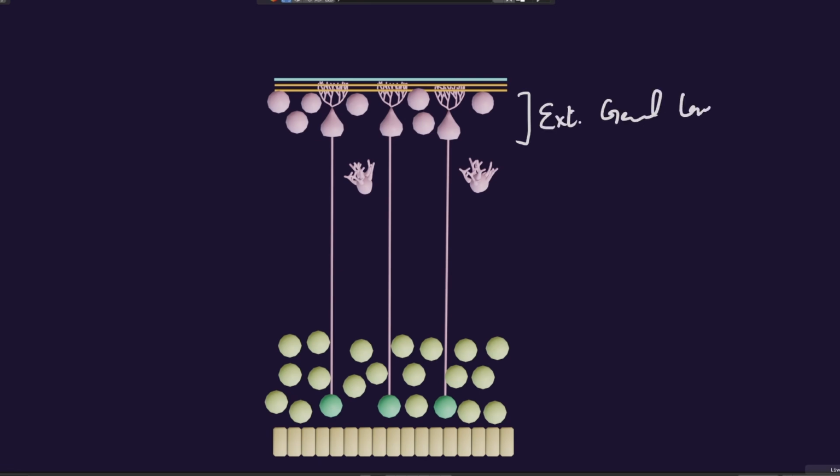They call it external germinal because these cells underwent another wave of proliferation to form more cells in this region. This external germinal layer is going to form the granular cells, the basket cells, and the stellate cells, of course. So this is very clear.